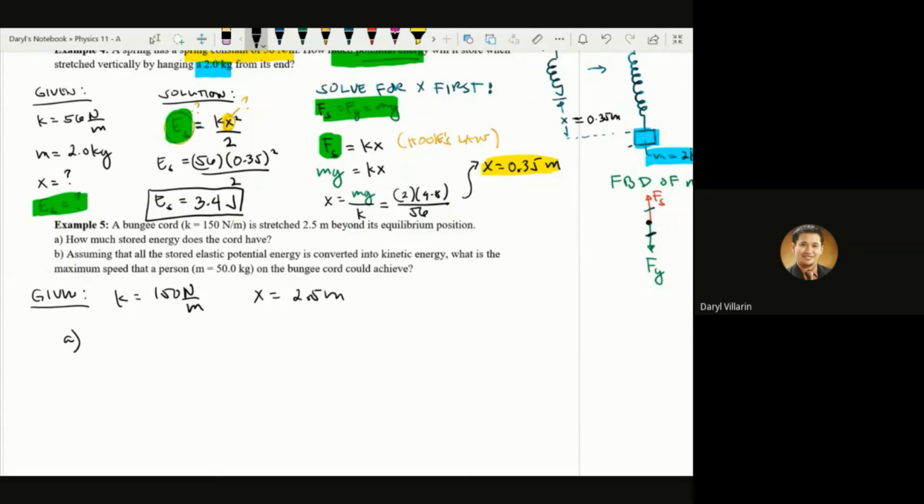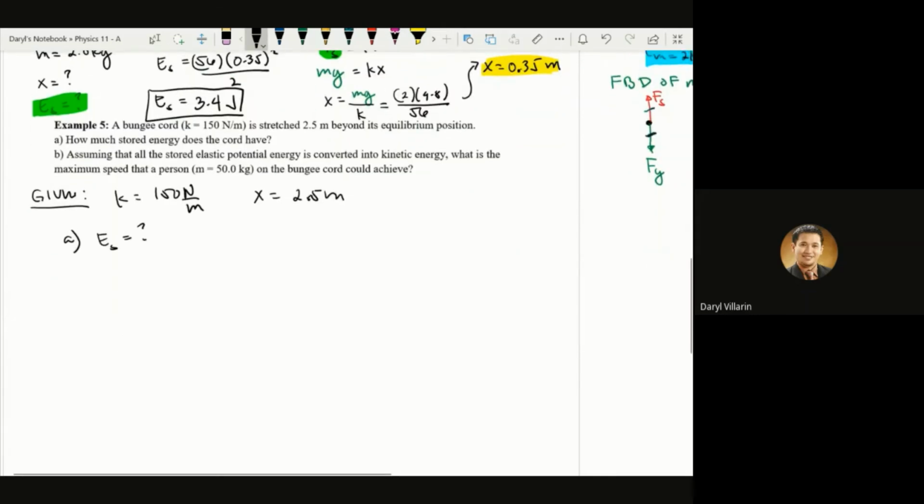So for letter A, we need to solve for the energy stored in the spring. Since the question is energy stored, we start with the equation E sub s equals kx squared divided by 2.